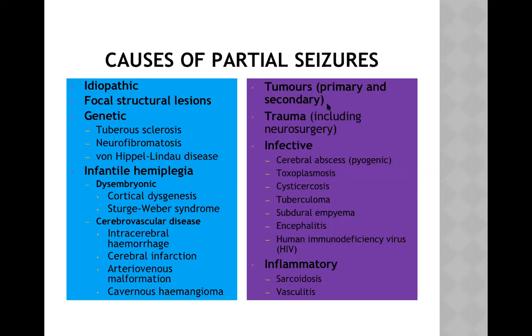Now, if they ask for some examples, you can quickly give them. Among the primary brain tumors, you can say astrocytoma, oligodendroglioma, medulloblastoma, and ependymoma. Astrocytoma, oligodendroglioma, medulloblastoma, ependymoma, and one of the most malignant types of astrocytoma is known as glioblastoma multiforme.